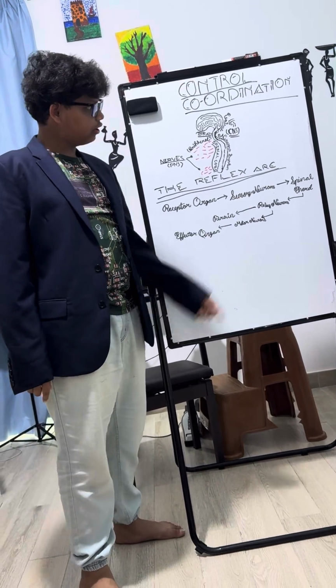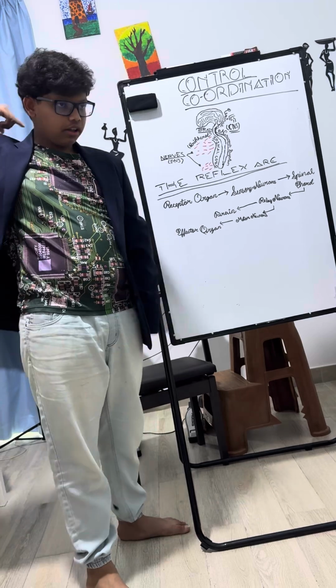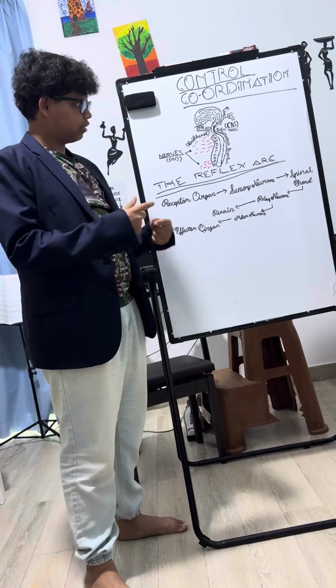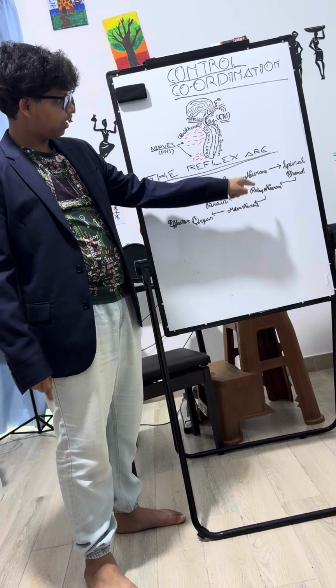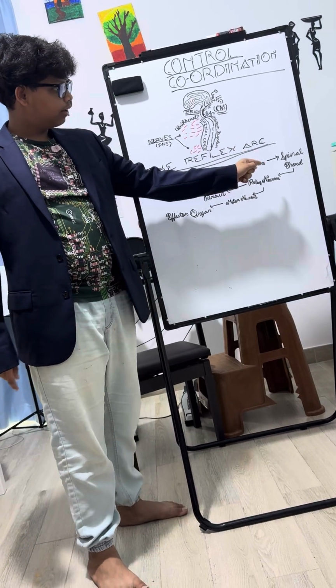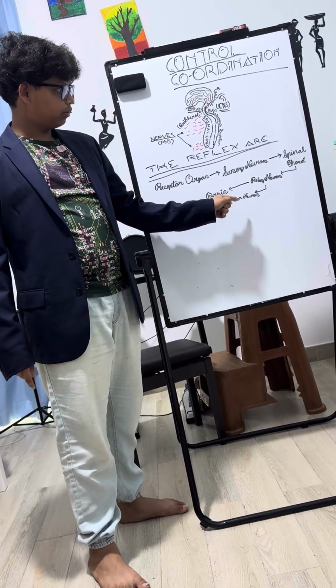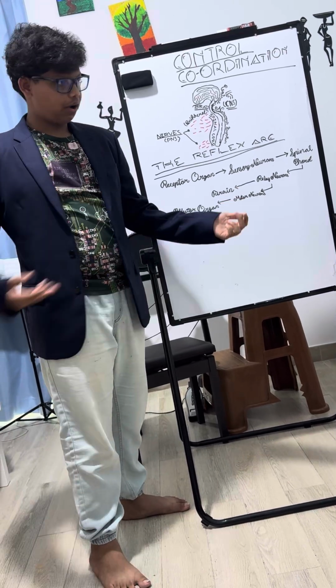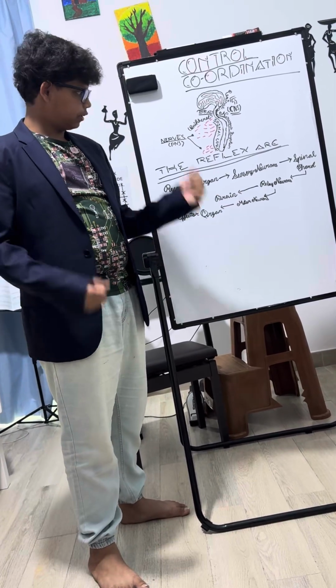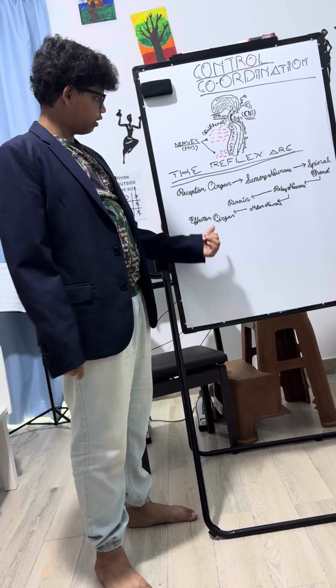From the sensory neurons, it moves on to the spinal cord, where it goes to the relay neuron, and the relay neuron sends it to the motor neuron, which basically makes you take your hand away. It's the receptor and the effector.